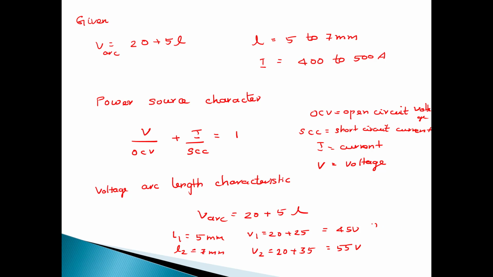Then the corresponding I. So now we will take this as equation 1. Substitute the above values in equation 1. So V1 equal to 45, I1 equal to 500, V2 55, I2 400.